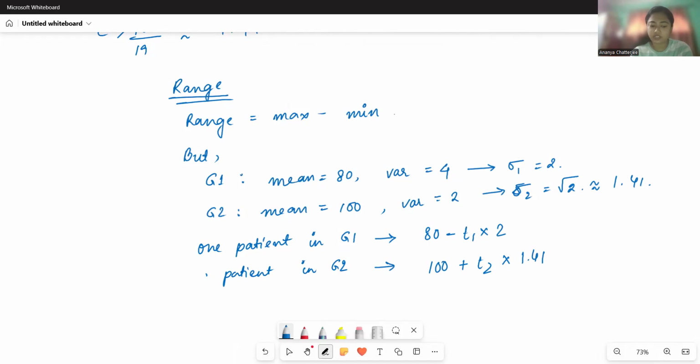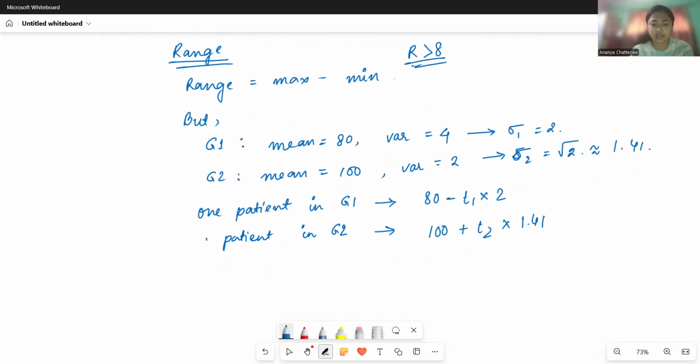But the actual range might be greater than 8; the range is given as greater than 8. So by this we can say that group 1 is possibly at most 80 plus 2 sigma 1, and for group 2 it is 100 minus 2 sigma 2, right?